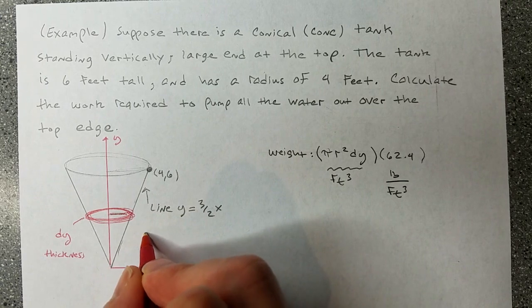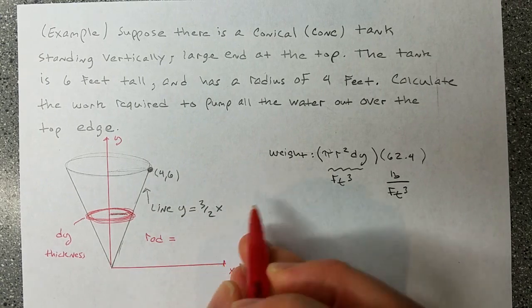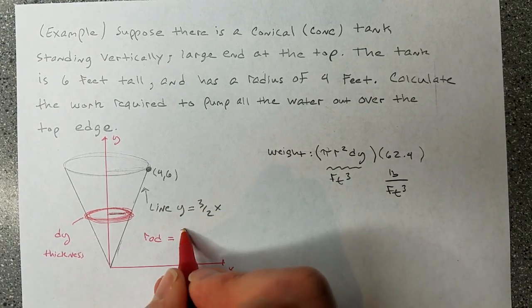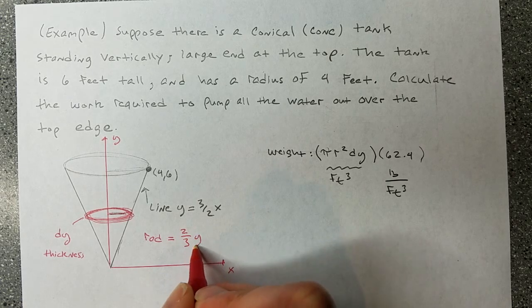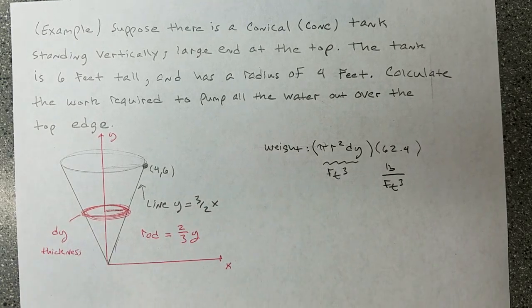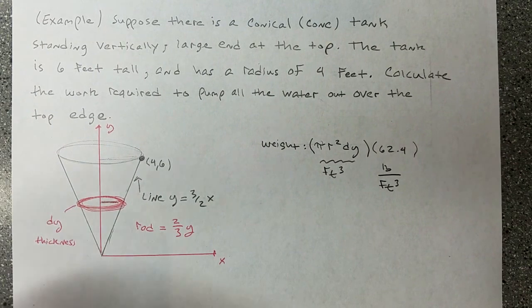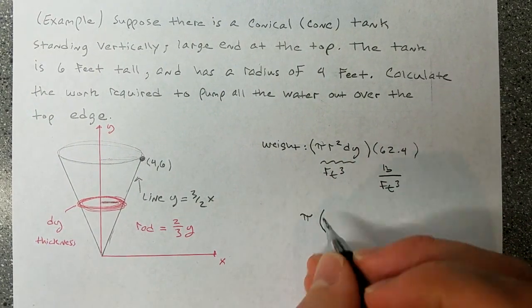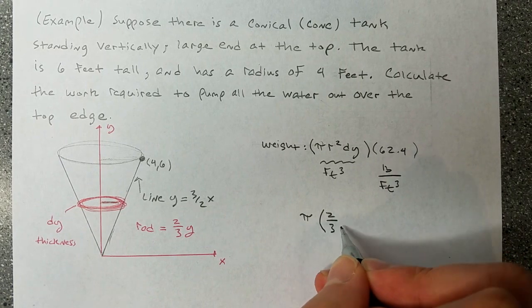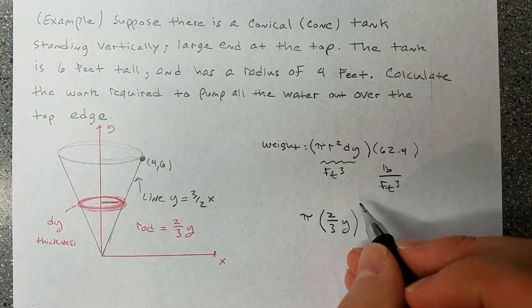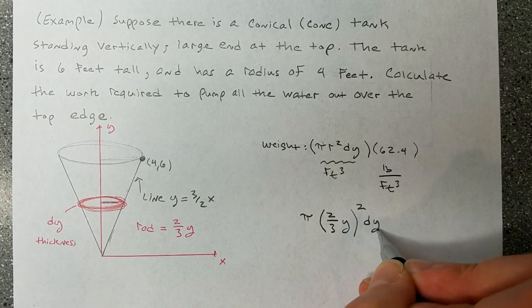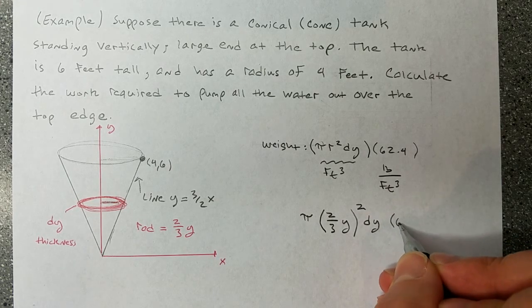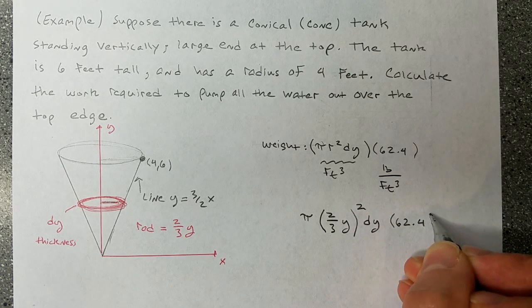All right, so let's say the radius is going to be, if you solve it for x, 2/3 y. All right, that's what we wanted. So let's update this. The weight is going to be pi r, which is 2/3 y, squared dy times 62.4.